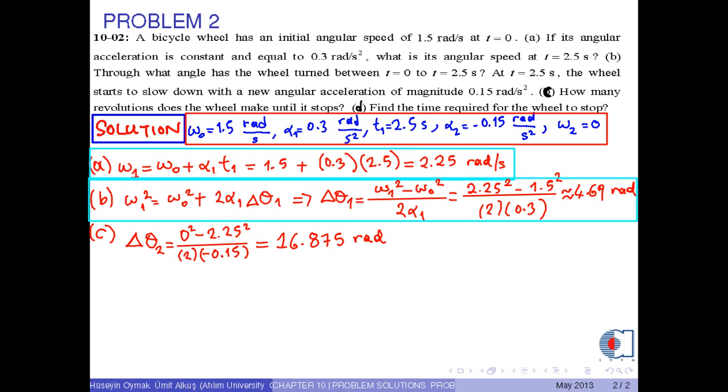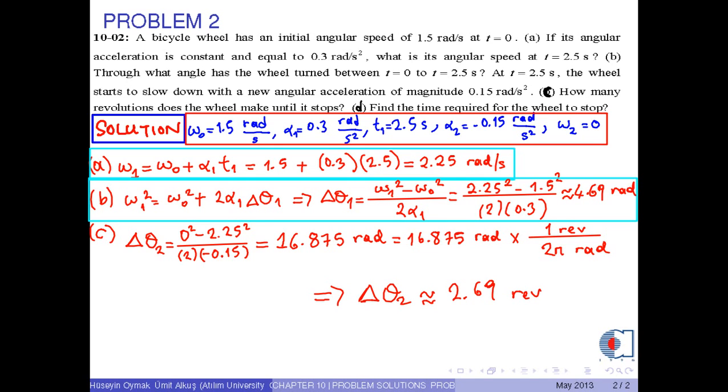However, in order to find the number of revolutions, we have to convert radians into revolutions as follows: 16.875 radians times 1 revolution over 2 pi radians, and we get approximately 2.69 revolutions.